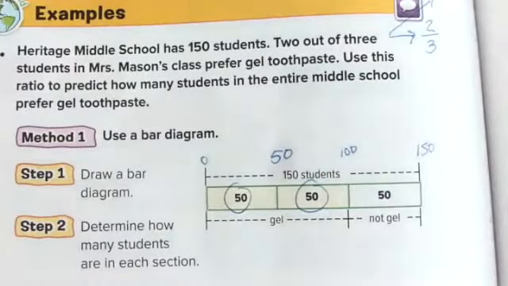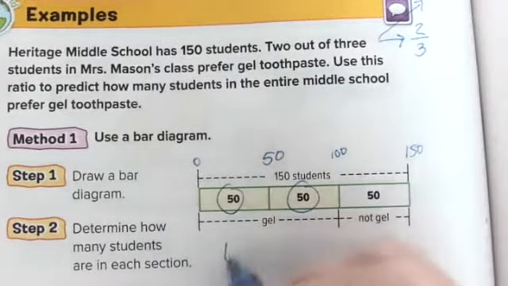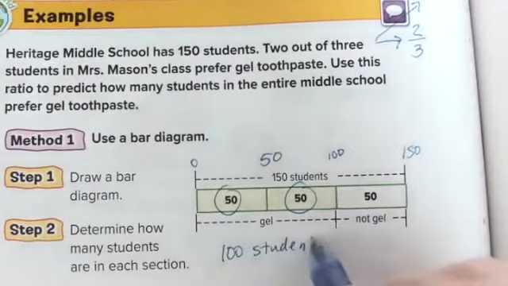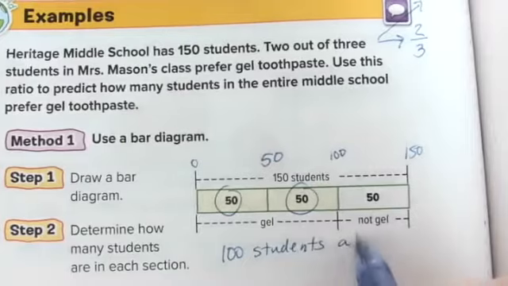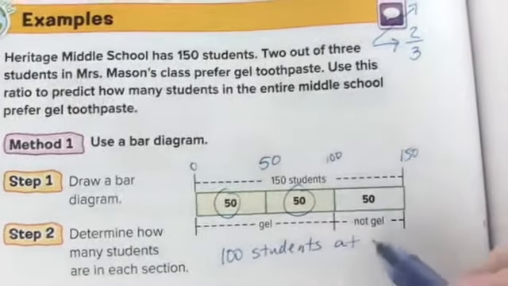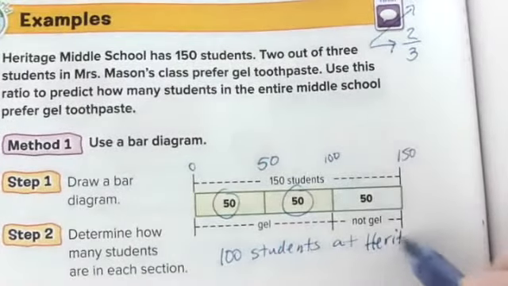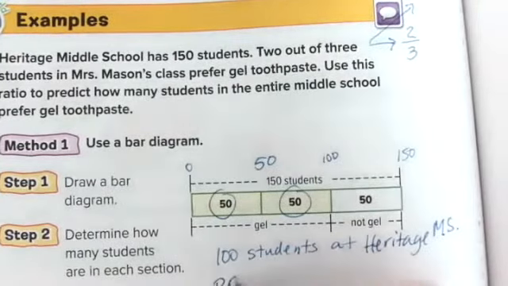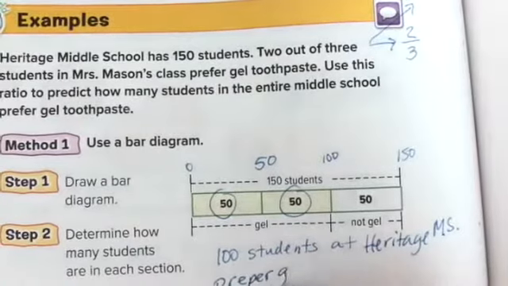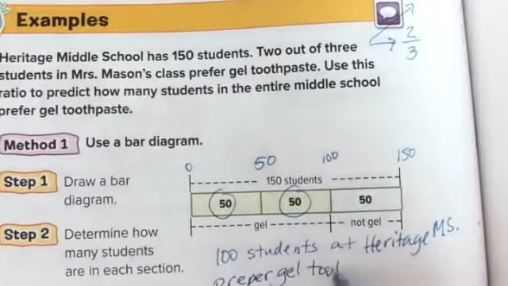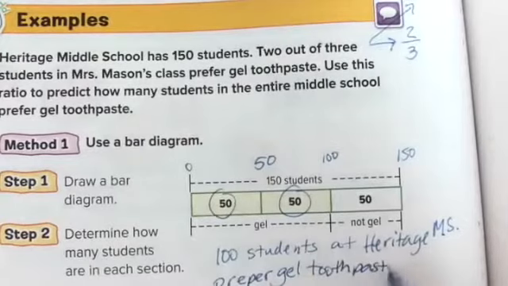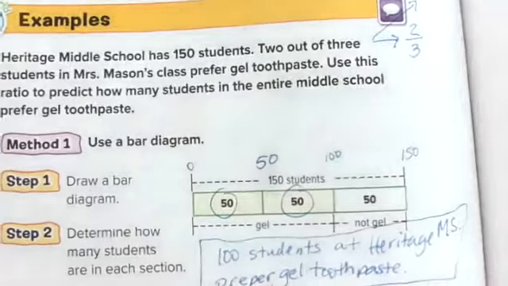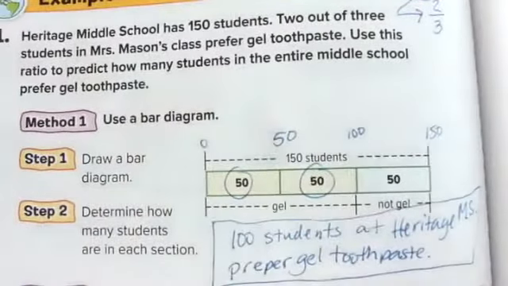So 100 students prefer gel toothpaste at Heritage Middle School. Okay, so that's one method, that visual diagram. It's called a tape diagram.